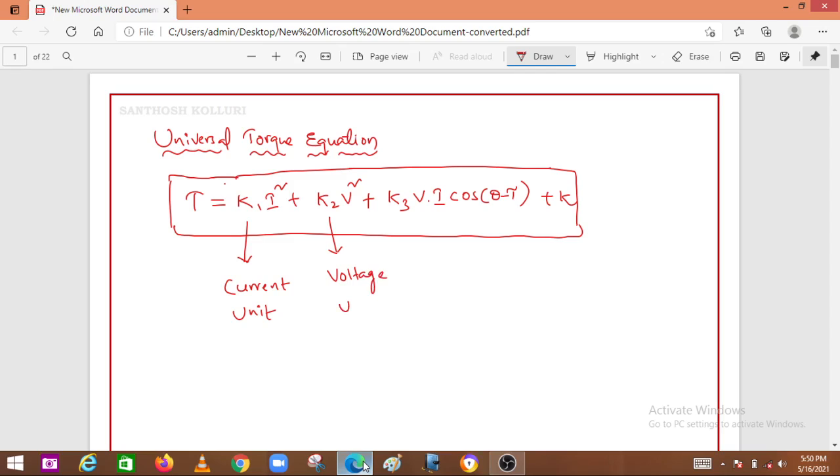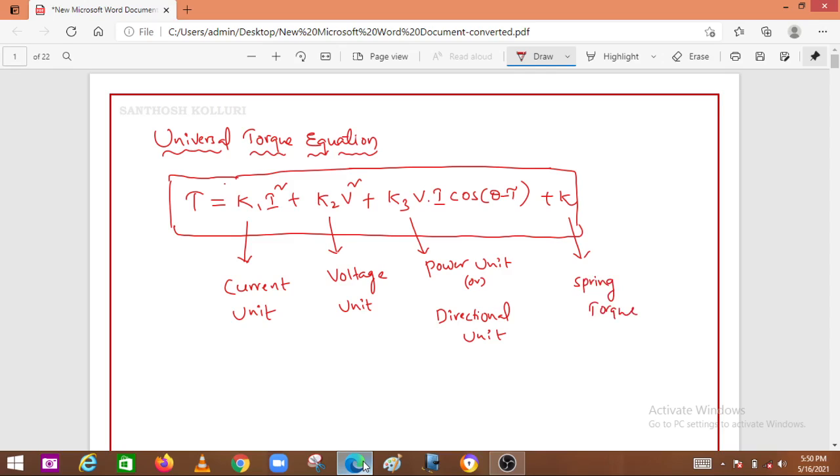K3 is a product of V and I, so it is a power unit, or we can call it a directional unit. And K is the spring torque used for restraining purpose.